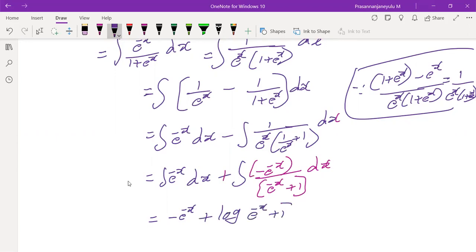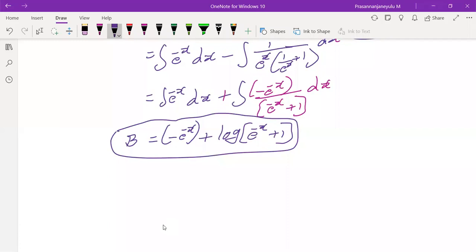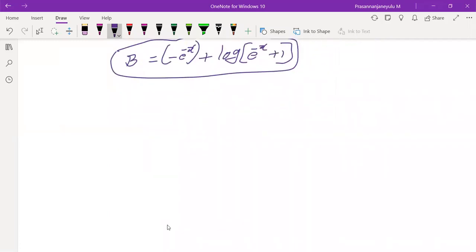The plus 1 is only a separate term. Don't take that plus 1 inside the exponential. Okay, so this is our P. Putting brackets for this, the minus e power minus x is only for the first term but not for the second term.